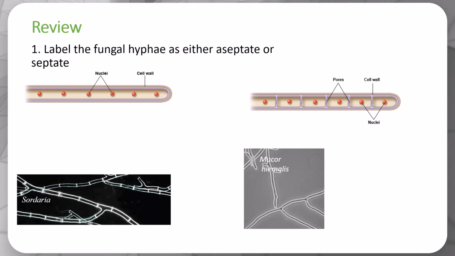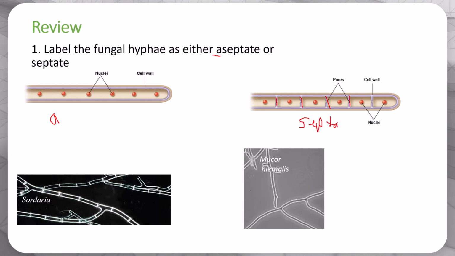So in our pictures here, let's label the fungi as either septate or aseptate. What's that root word a mean again? That means not or without. So this first set here does not have dividing walls, so this is aseptate, right? This second picture here has those dividing walls, so this is septate.